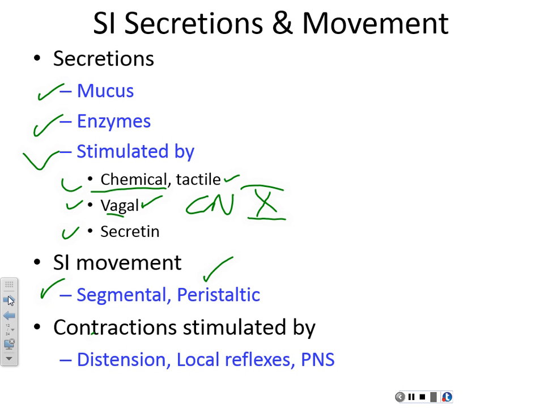But for the most part, it's doing it by itself. So you have a lot of local reflexes, and of course the vagus nerve and the parasympathetic nervous system, actually. Parasympathetic. Okay. All right. Very good.